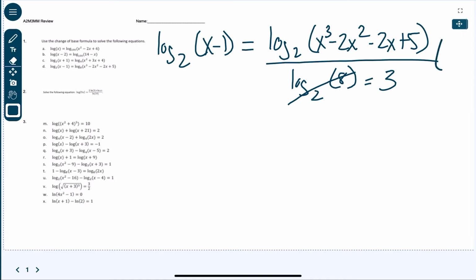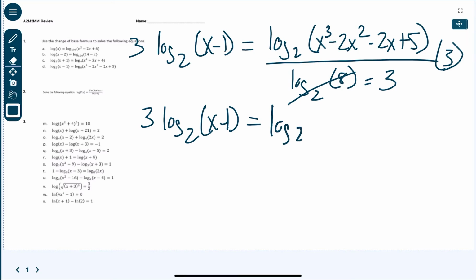Okay, so now we're going to multiply by 3 on both sides. And hopefully you figured this out, but we can just rewrite this as log 2 of (x minus 1) equals log 2 of x cubed minus 2x squared minus 2x plus 5.